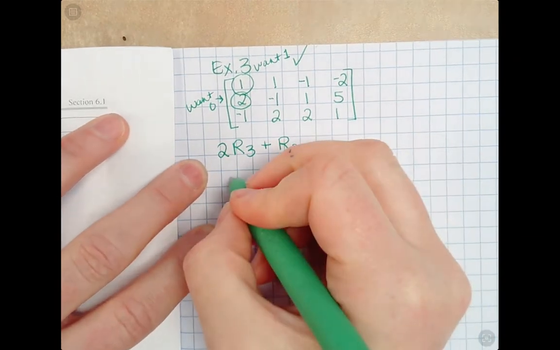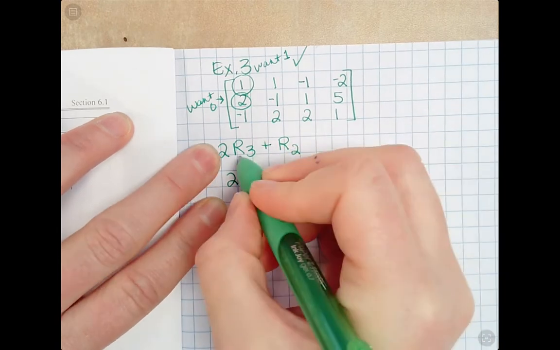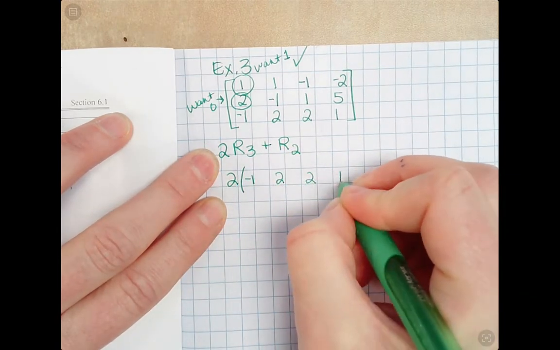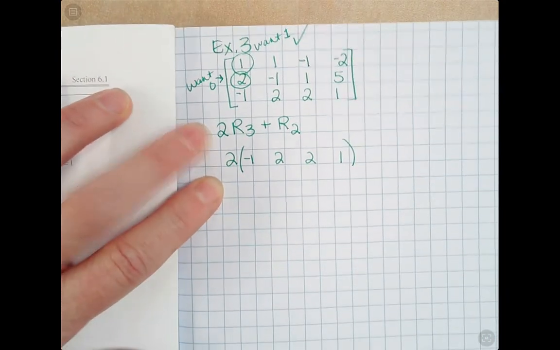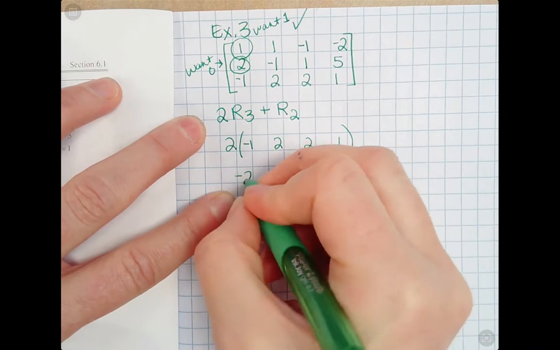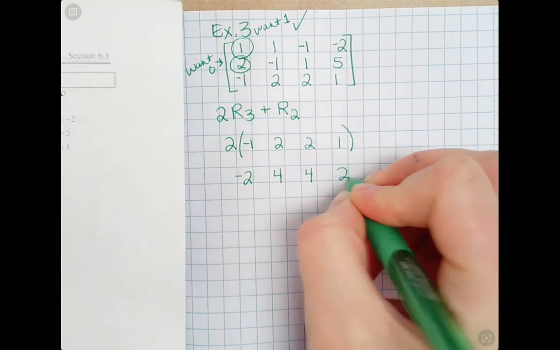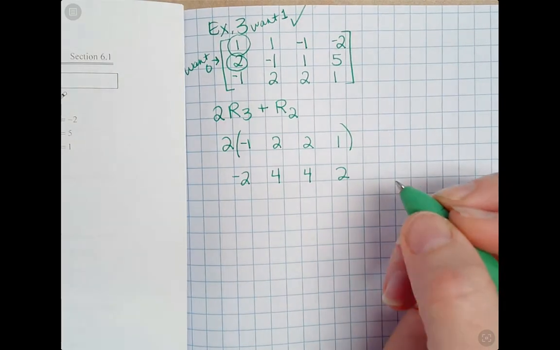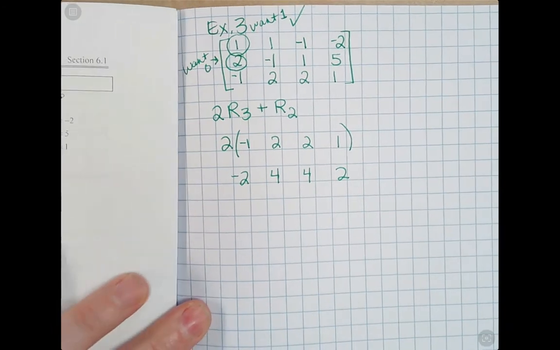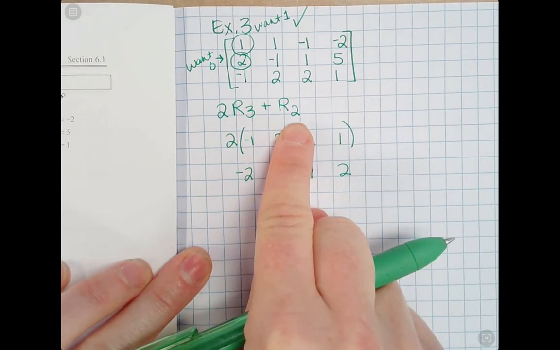So first thing is multiply 2 times row 3. So -1, 2, 2, 1, which becomes -2, 4, 4, 2. So I have the 2 times row 3. Now I'm going to add to row 2.